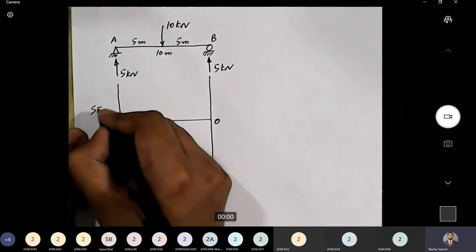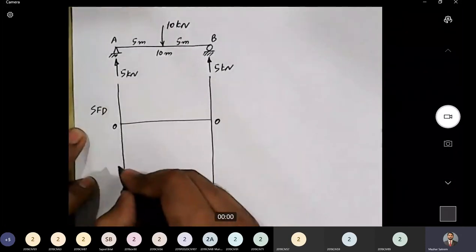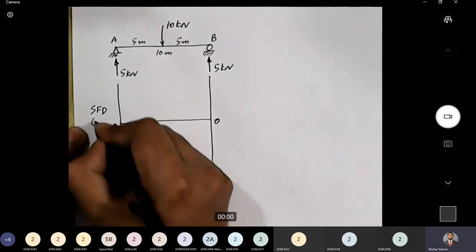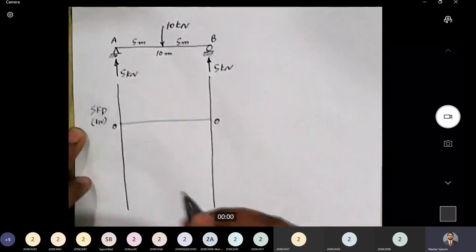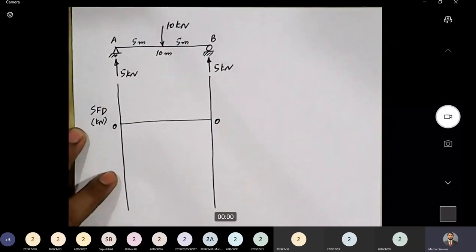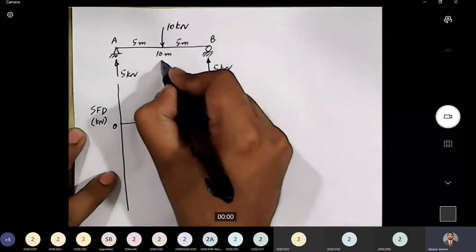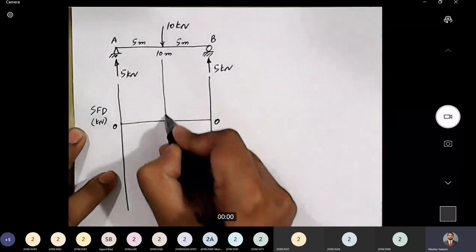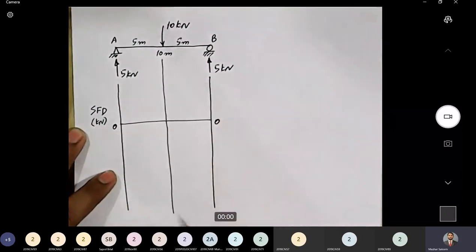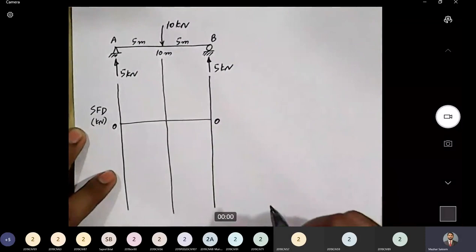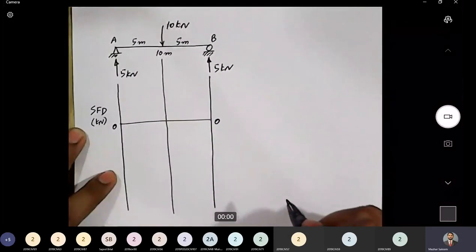And we are going to draw shear force diagram, which is abbreviated as SFD, and the units that we will consider are kilonewton. We will draw another guideline under the point load because there will be variation in SFD and BMD under this point load. What was our nomenclature?